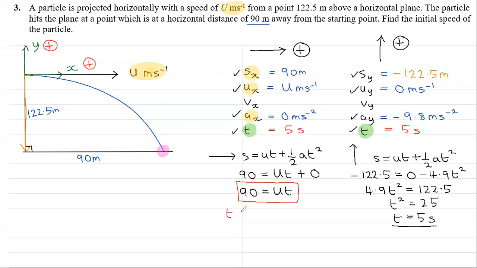So when T is equal to 5, we're going to get 90 is equal to U multiplied by 5, or in other words, 90 is equal to 5U. And if we divide through by 5, we get U is equal to 18 meters per second. And we've got the initial speed of the particle.